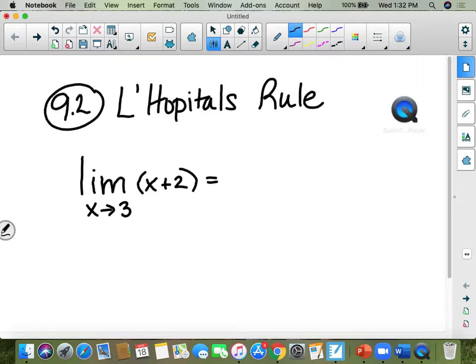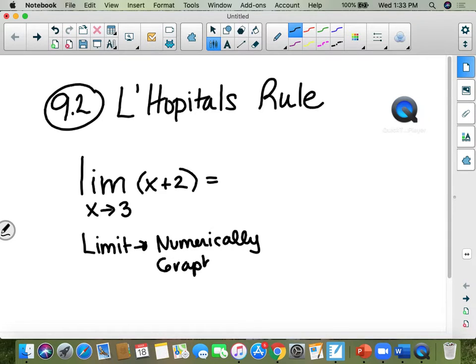How do you find the limit as x approaches 3 of x plus 2? There are different ways you can do this. Remember, in review, you can find the limit by numerically looking at a table. You can do it graphically, or you can do it algebraically.